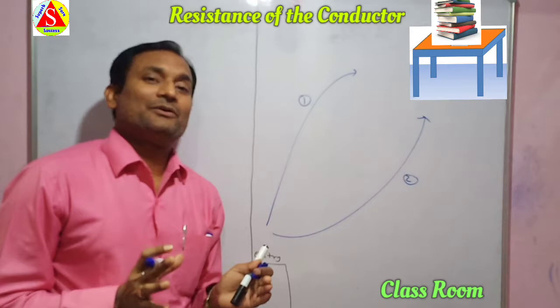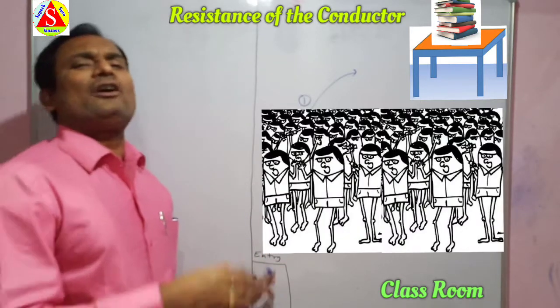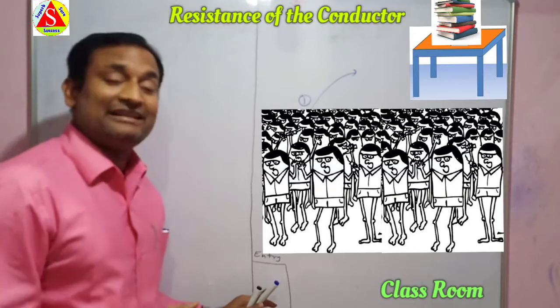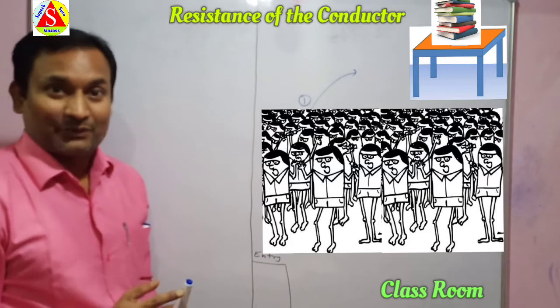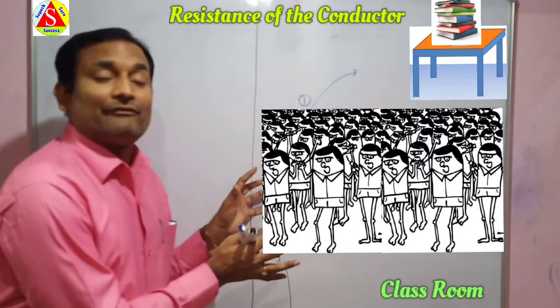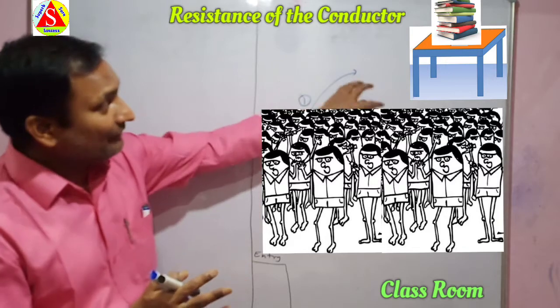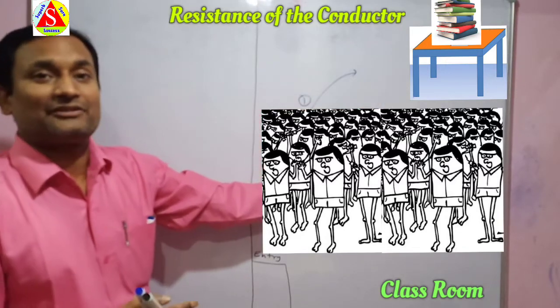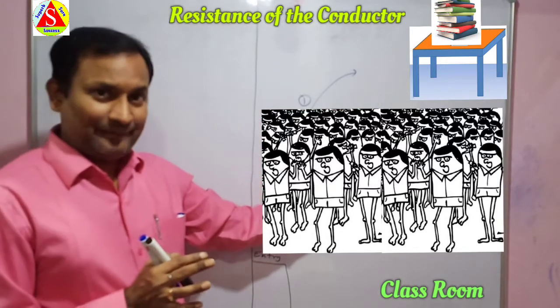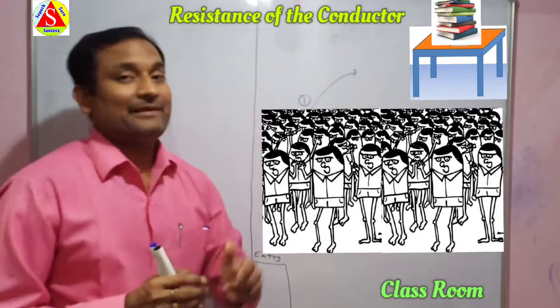Now let us assume 100 or more students enter the same classroom. Here the number of students is increasing. They have entered the same classroom, and the aim is to collect their copies from the table.